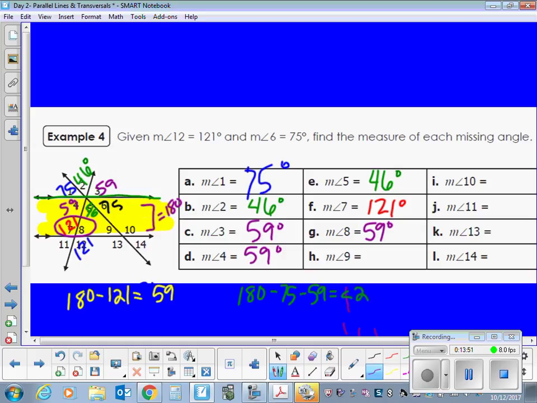You can do 9 and 10 two different ways. You can see that this is a triangle, so therefore a triangle has 180 degrees in it. You could add up 59 plus 46 and subtract from 180. Or you can see that angle measure 10 should be what? What's 180 minus 75?